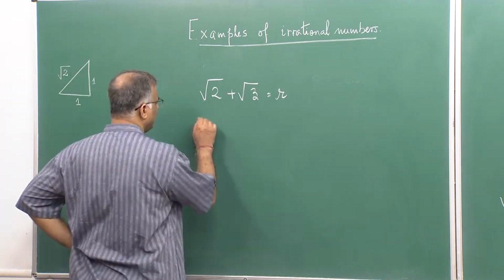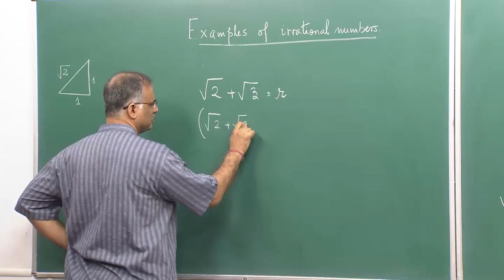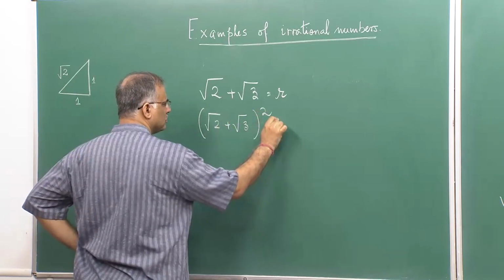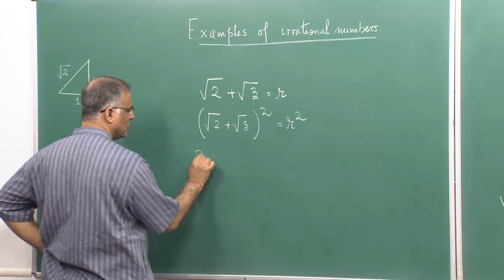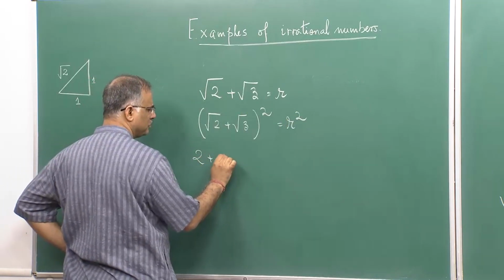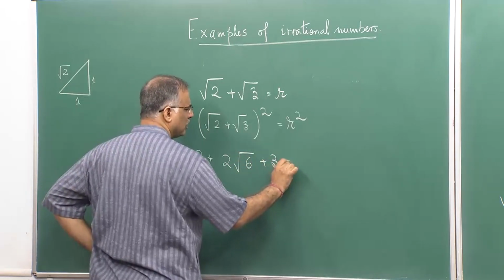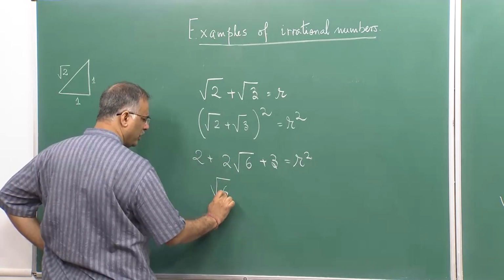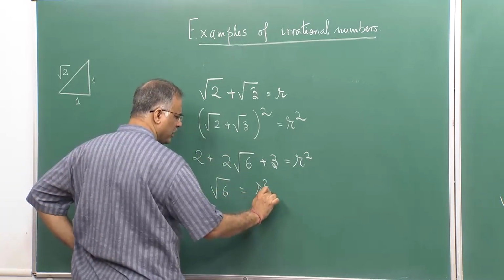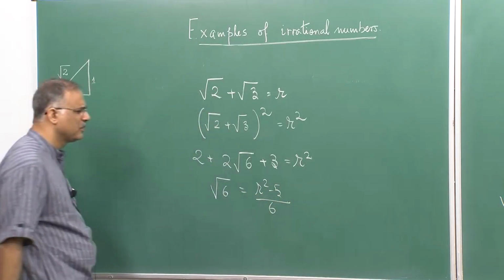If I square it, this is what you get, or in another way you get root 6 is r square minus 5 by 2.